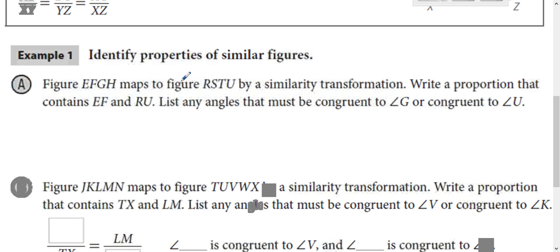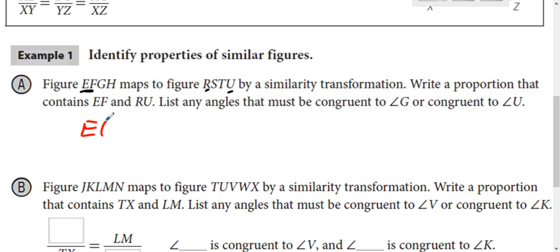So if EFGH is similar, it maps onto RSTU by similarity transformation. You can write a proportion that contains EF and RU. You don't even need to draw them out. You just have to look at how the letters are written in order in the problem.